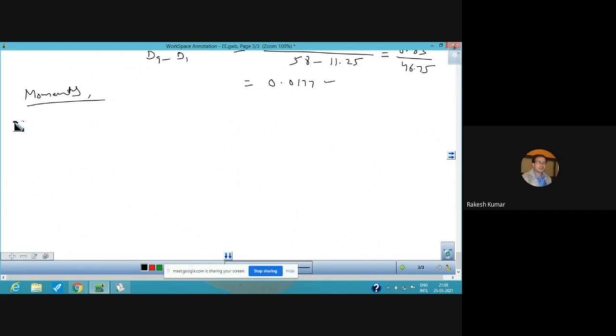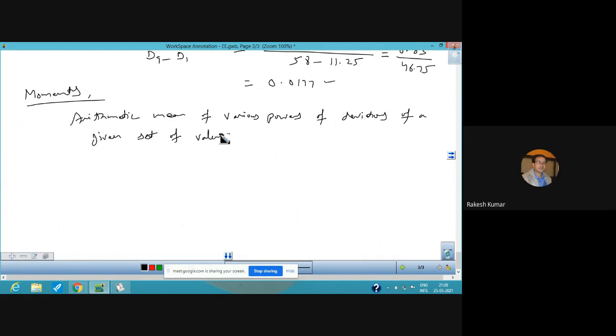Moments are, in simple terms, the arithmetic mean of various powers of deviations of a given set of values from a measure.